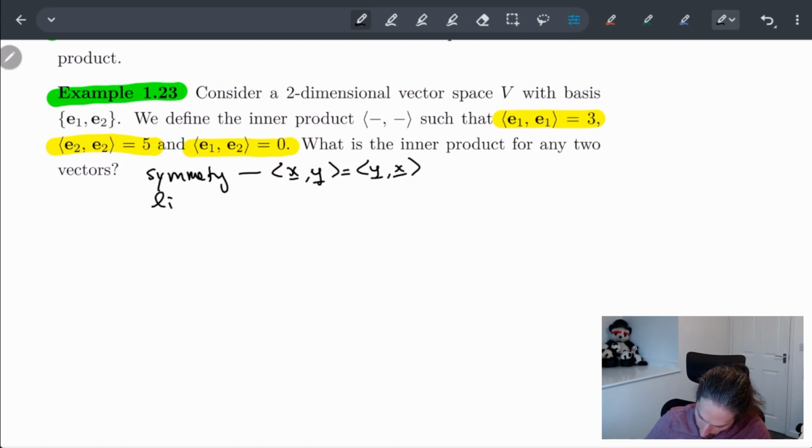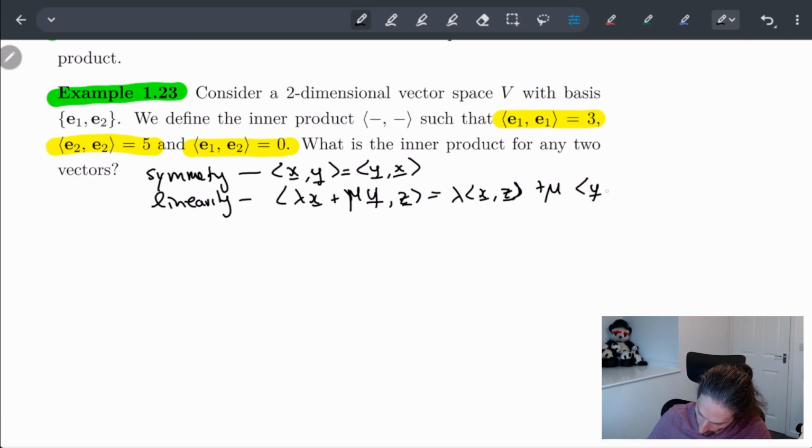And linearity is saying <λx + μy, z> is equal to λ<x, z> plus μ<y, z>.